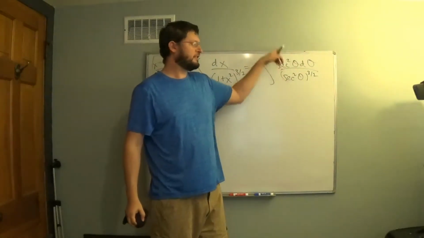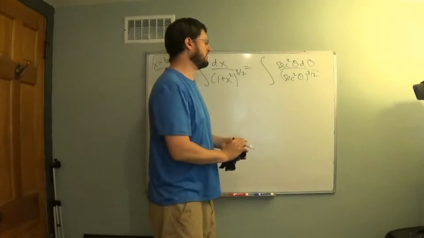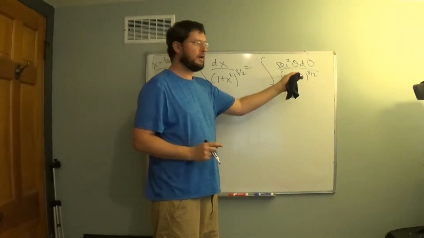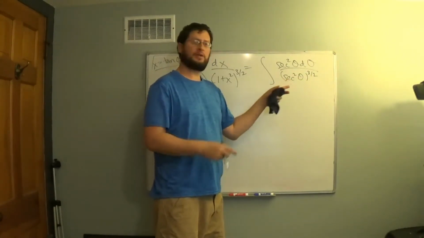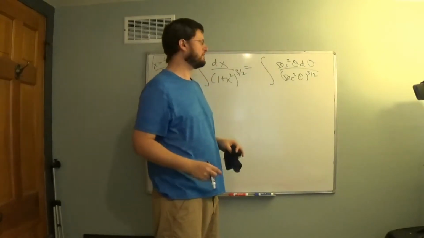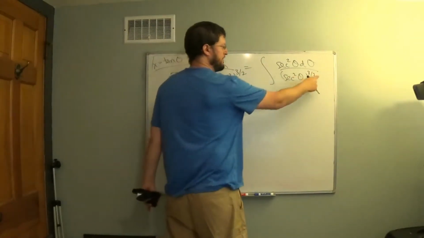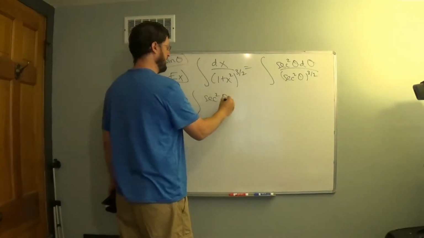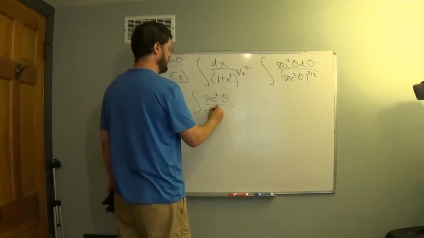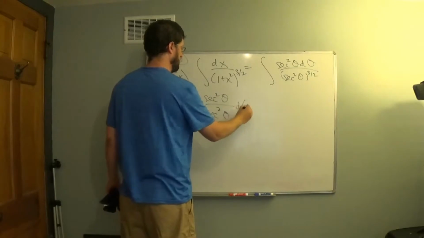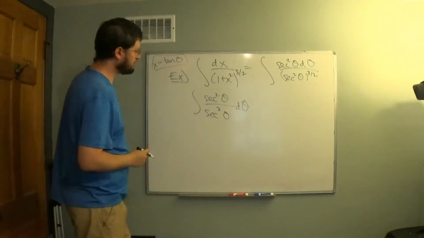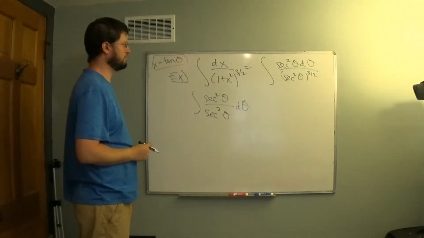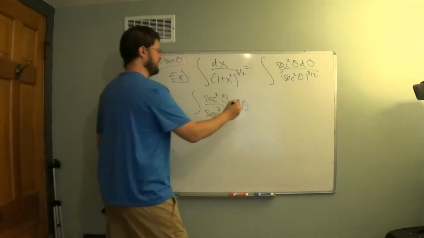Let's just look at the denominator first. Secant squared to the 3/2. When I have an exponent to an exponent, the exponents multiply. So that's 3/2 times 2, which is just 3. So that's secant squared theta over secant cubed theta. Which is just secant theta.